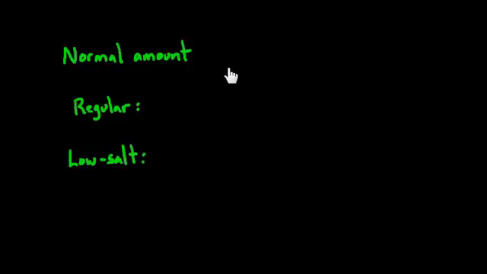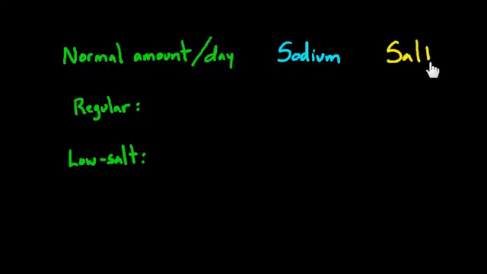So normal amount you should get, actually let me write per day. And let's do sodium. And over here we'll do salt. So regular amount of sodium you should get per day is about 2,300 milligrams.